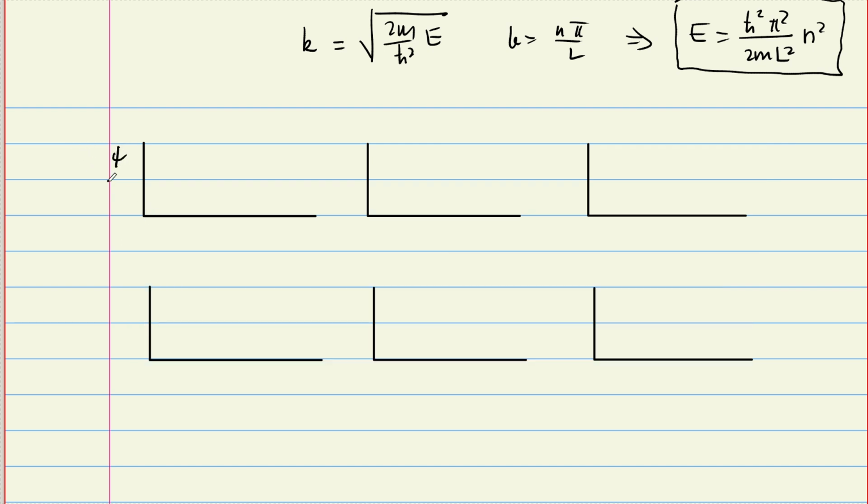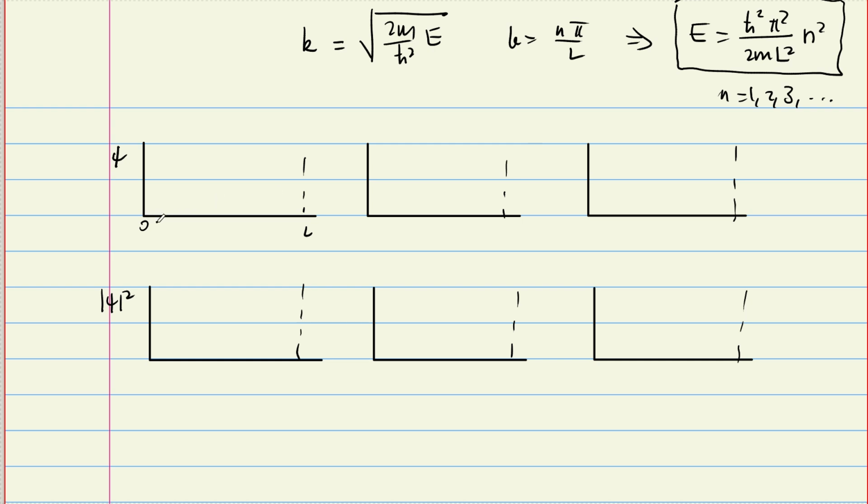So this is psi from 0 to L, and this is psi squared. The ground state is n is equal to 1, so n is equal to 1, 2, 3, and so on.